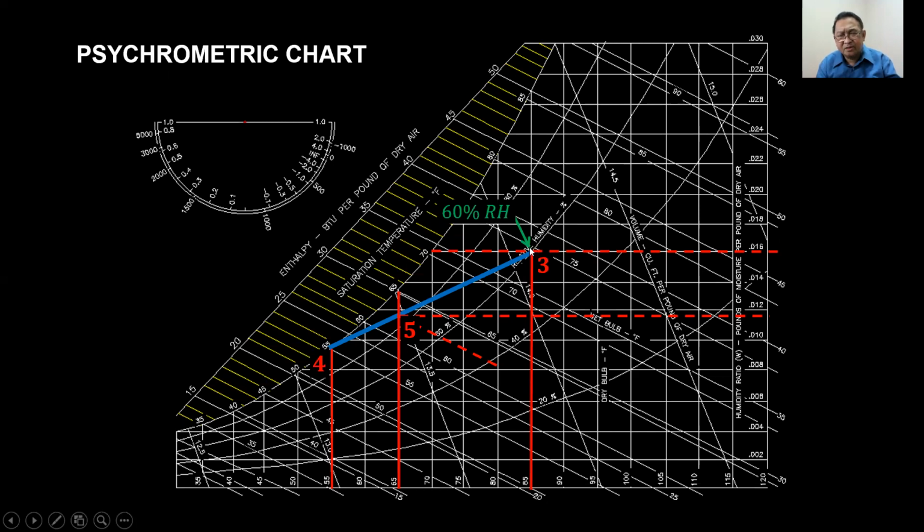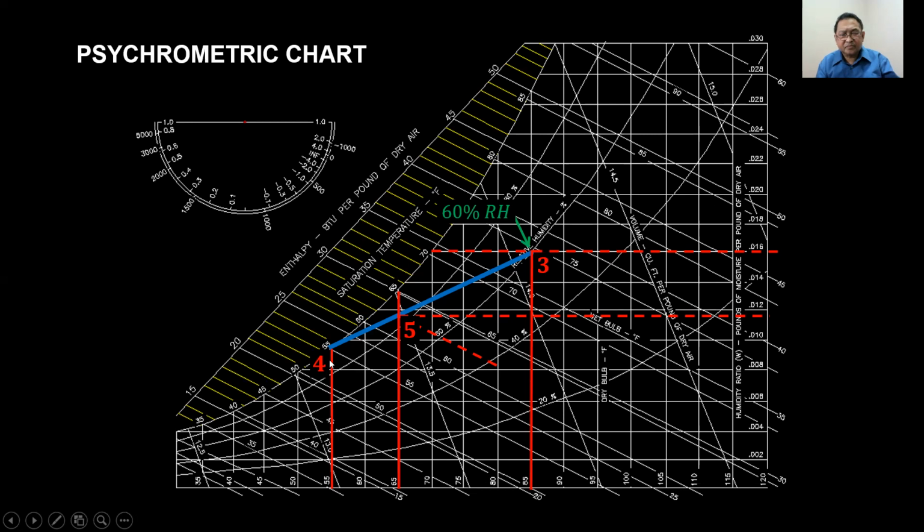So it shows here at point 3 a dew point temperature of 70. See? So dry bulb temperature 85, 60% RH. You can see the dew point at 70 Fahrenheit and moisture of 0.016.